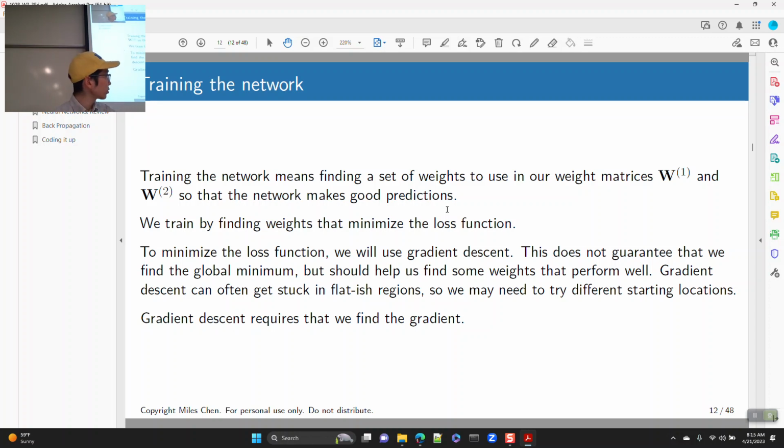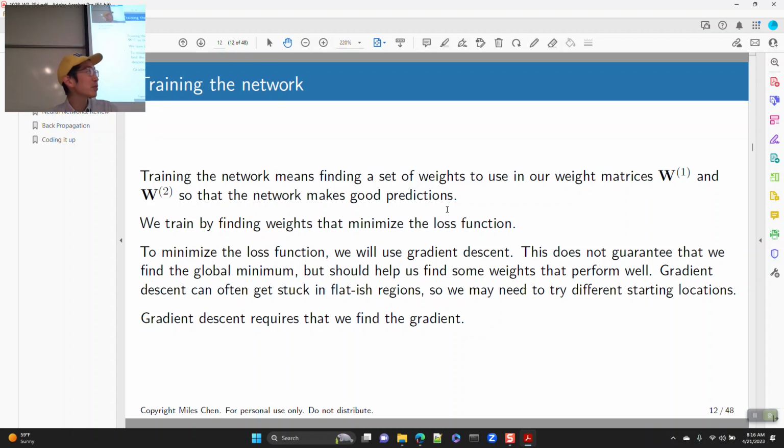But gradient descent depends on a gradient existing, and depending on your data and starting location, there could be a really big, almost flat region. Gradient descent is basically like rolling a ball down a hill, so if you start in a very flat region, even if it's not perfectly flat, it might not roll. So it can get stuck.